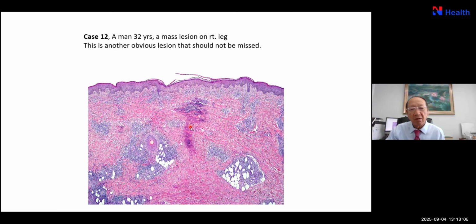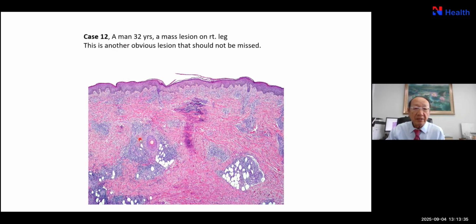There are a lot of cells that crush, collagen that degenerates or changes, and its shape looks like something sharp dug into the skin. This is the insect bite reaction. This is the fang mark of something that bit him. The patient may not notice; he may be bitten while he was asleep, or something he forgot.